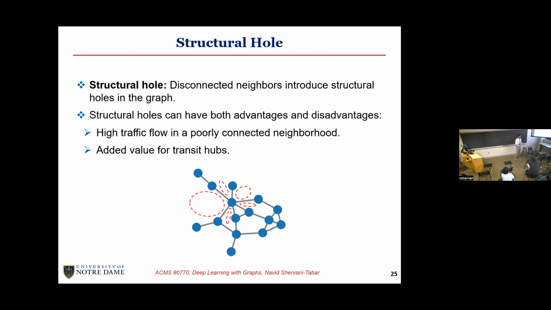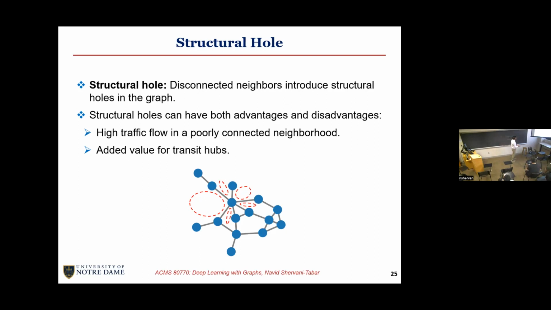Now we looked at this clustering coefficient, and a concept close to this is called structural hole. If 2 nodes that are your neighbor are not connected, that missed link will introduce a structural hole into your problem.